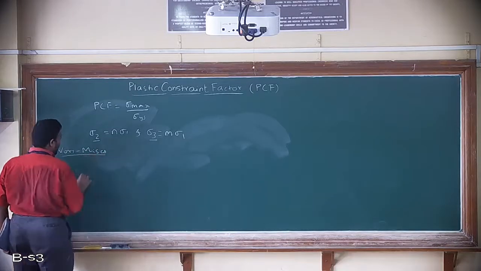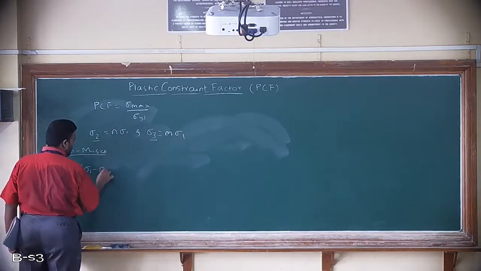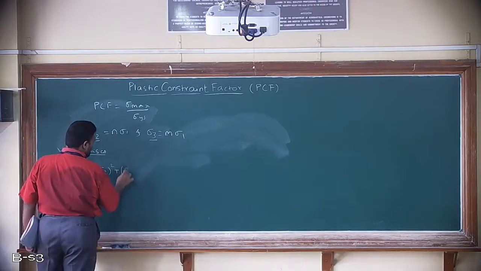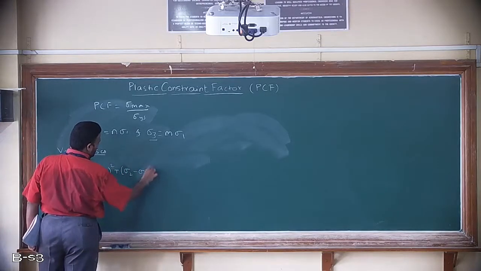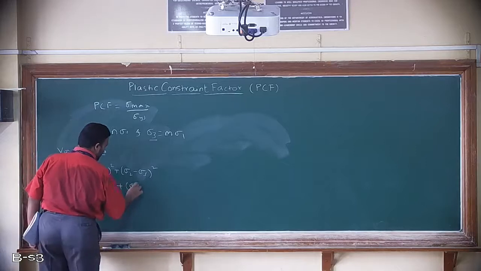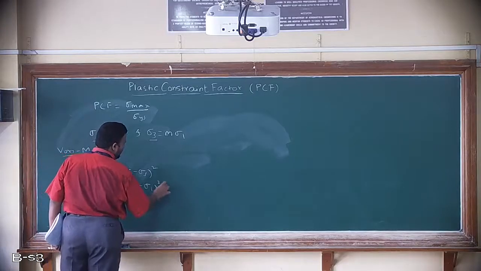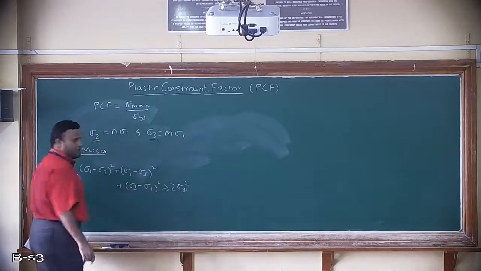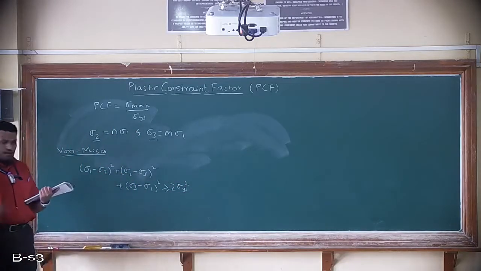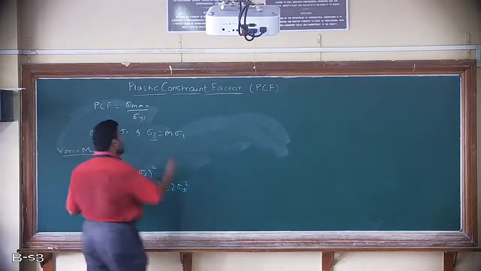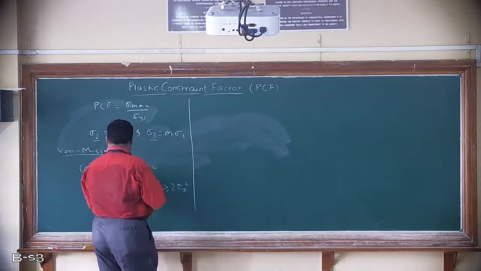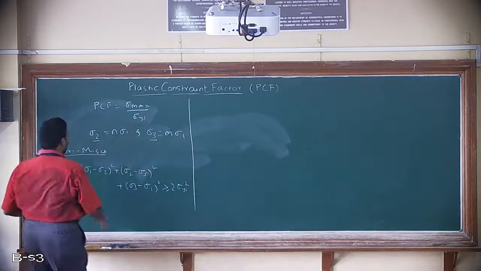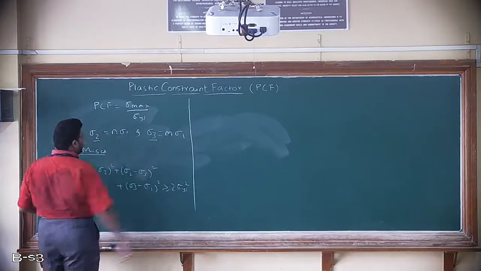As per the von Mises criterion we have (sigma 1 minus sigma 2) the whole square plus (sigma 2 minus sigma 3) the whole square plus (sigma 3 minus sigma 1) the whole square is greater than or equal to 2 sigma ys the whole square, right? Now in this we shall substitute for sigma 2 and sigma 3 in terms of sigma 1.